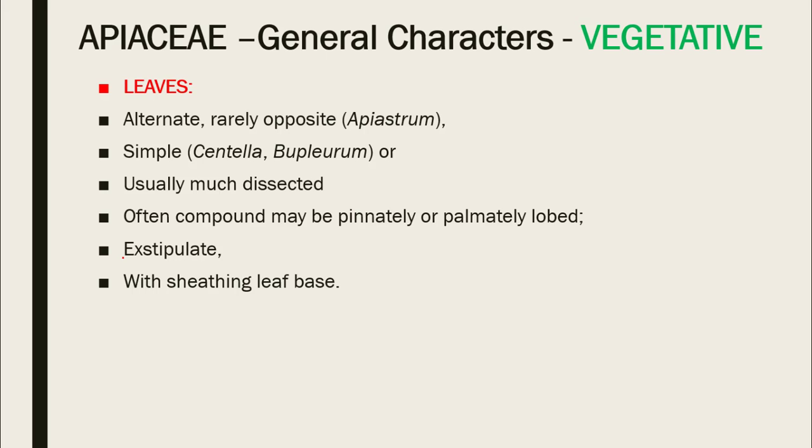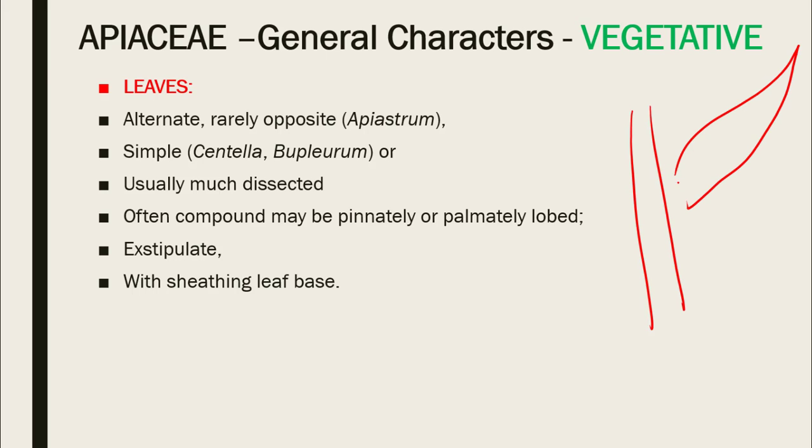That is, it covers the stem for some distance. Let's say this is a stem and this is a leaf, and part of the leaf like this. Now this is sheathing the stem. This particular area is covering the stem, or let's draw it once more.